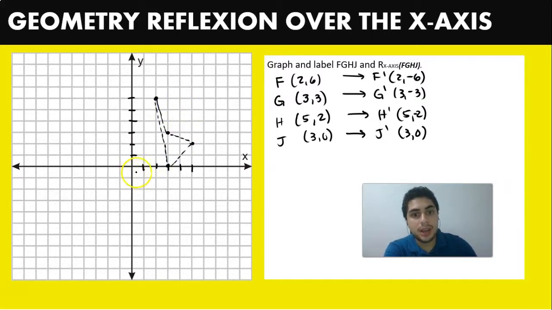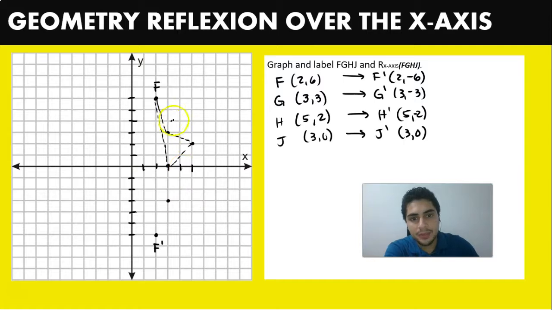Now, in order to graph the reflection, we find F', which is going to be (2, -6): 1, 2, 3, 4, 5, 6. So if before we had F, now this is F after the reflection. We have G', which is (3, -3), so it's going to be here.